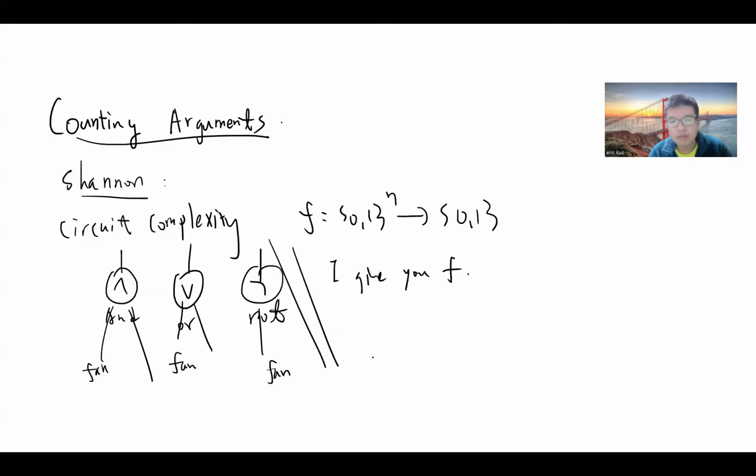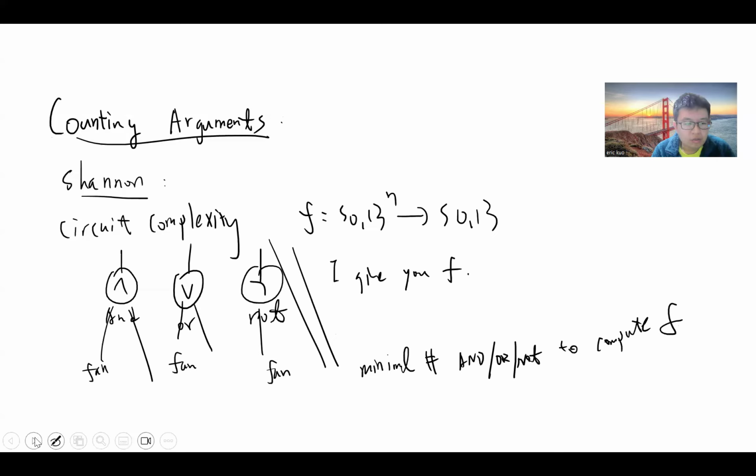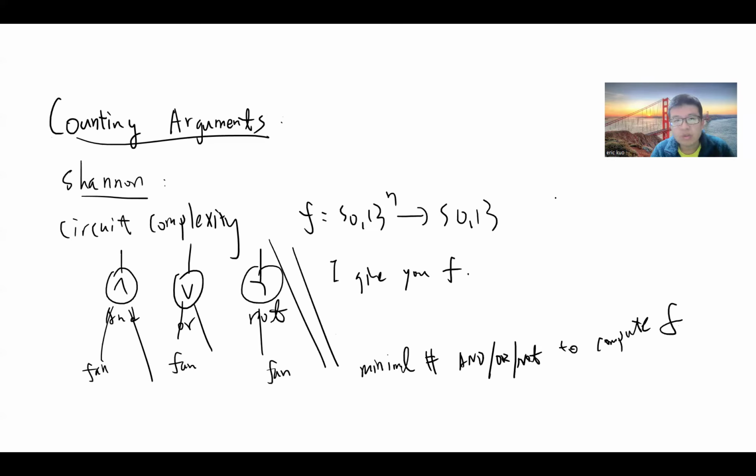So one can simply define it as the minimum number of AND, OR, NOT gates to compute f. Okay, for example, if I want to compute the OR of all the inputs, that is basically x1 or x2 up to xn.